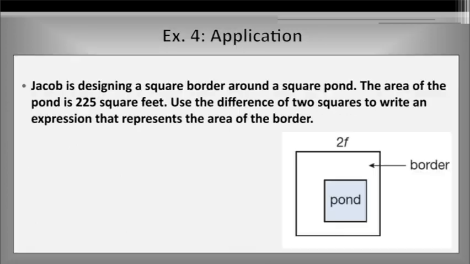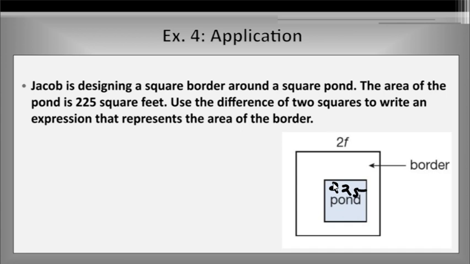And our last question, Jacob is designing a square border around a square pond. The area of the pond is 225 square feet. Use the difference of two squares to write an expression that represents the area of the border. So they said the area of the pond is 225 square feet. So this is 225.